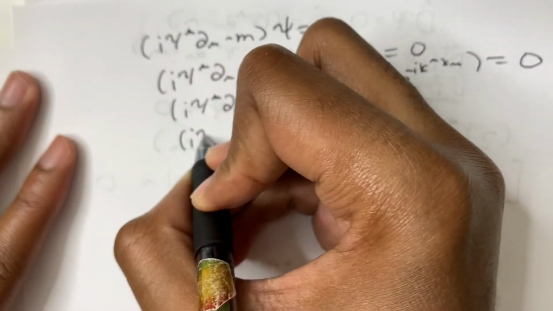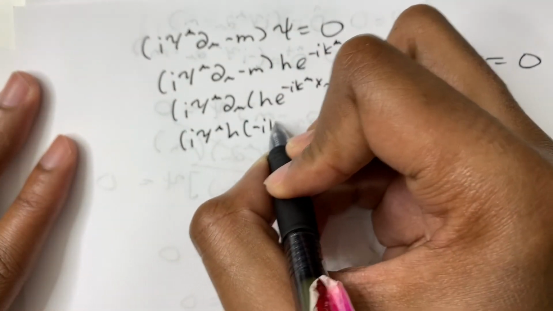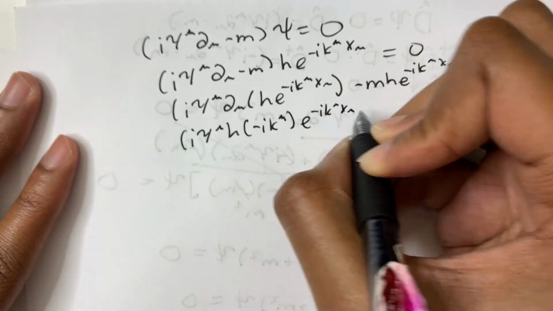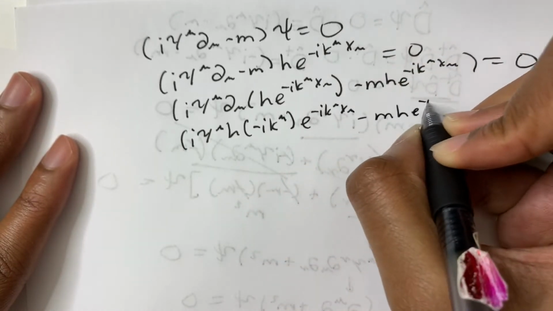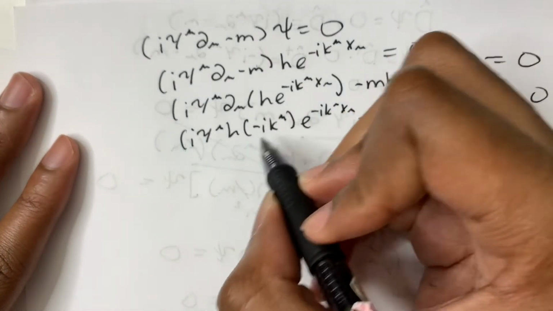Now we take the derivative of this, because it's minus i k mu times e to the minus i k mu x mu, minus m h e to the minus i k mu x mu. That's 0. These i's cancel.